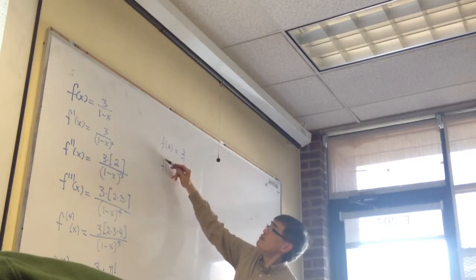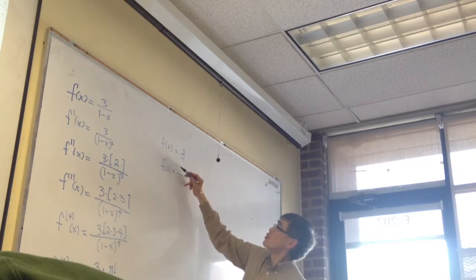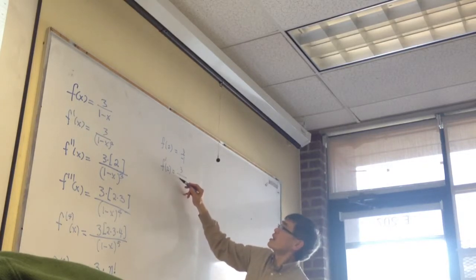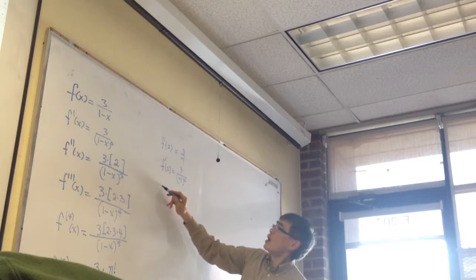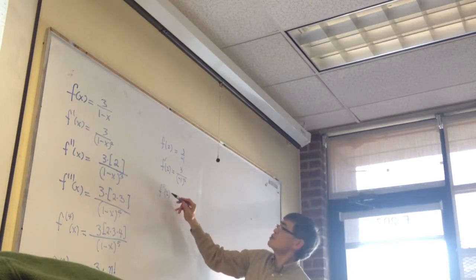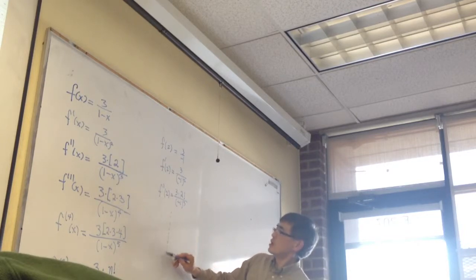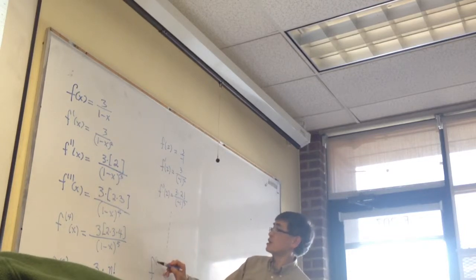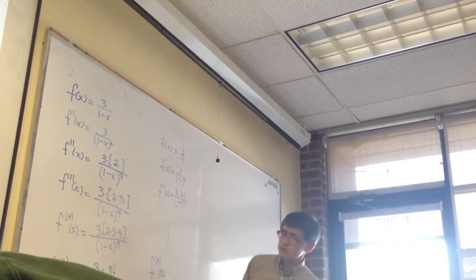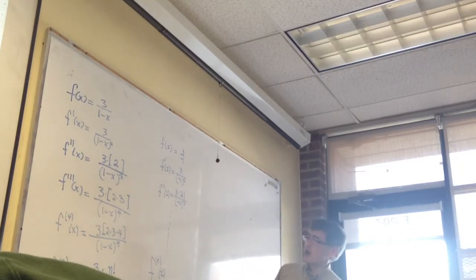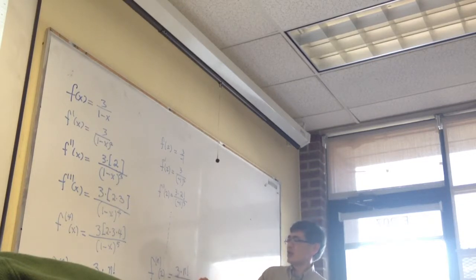This one, f prime of 2, becomes 3 over negative 1 to the second power. f double prime of 2 becomes 3 times 2 factorial over negative 1 to the third power, and so on. And so in general, the nth derivative evaluated at 2 should be 3 times n factorial over negative 1 to the n plus 1 power.